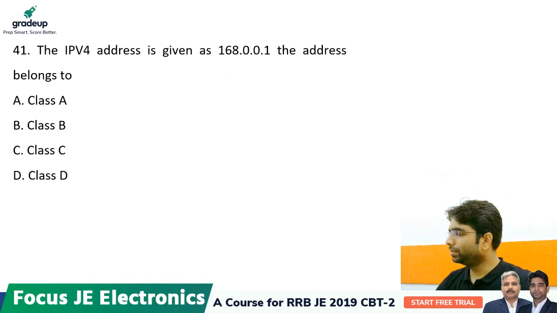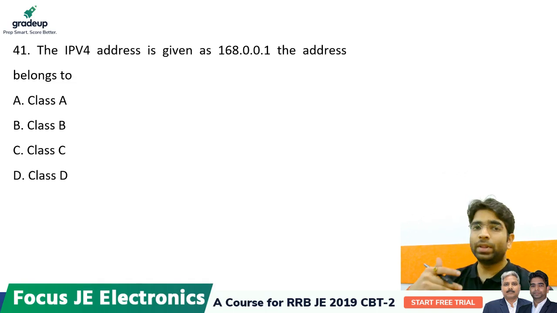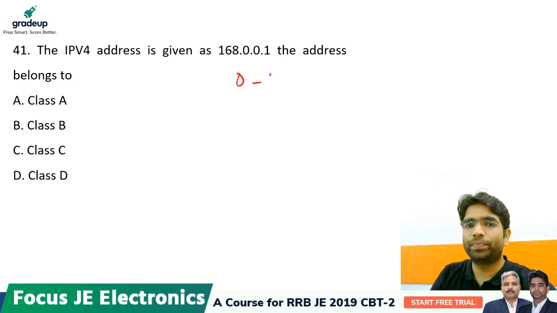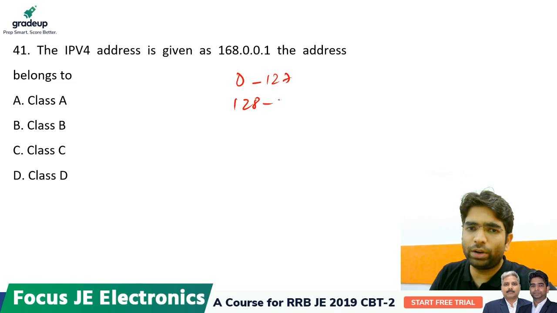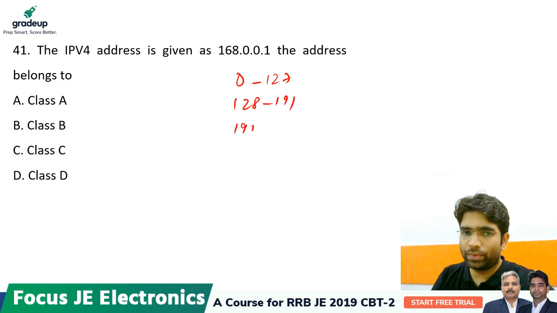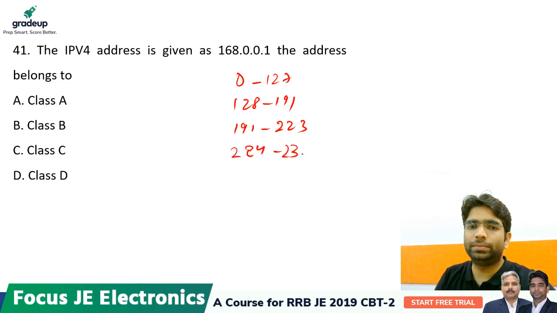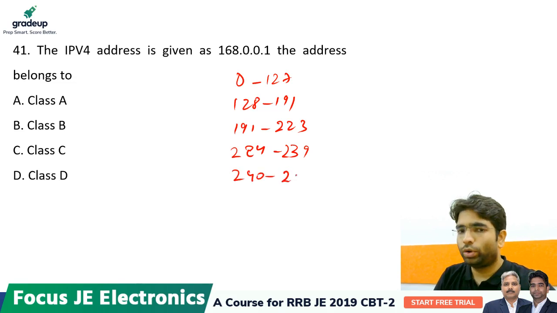It means there are some domains defined for different purposes: 0 to 127, 128 to 191, 192 to 223, 224 to 239, and 240 to 255.